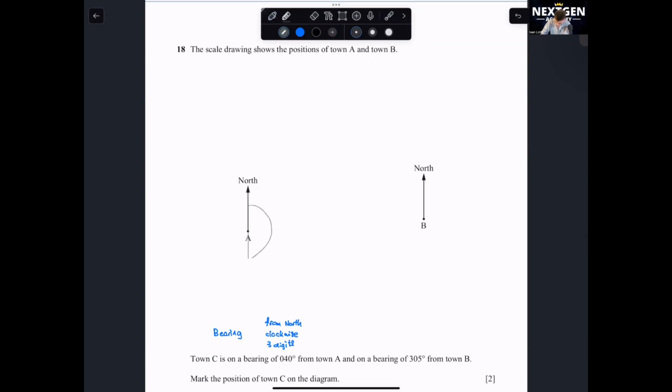Put the protractor, and measure from here, from 0. You're going to see where the 0 is. This one I'm just roughly estimating. Then measure 40 degrees, which I think will be around here, and put a small mark. This is 45, so 40 degrees should be around here.